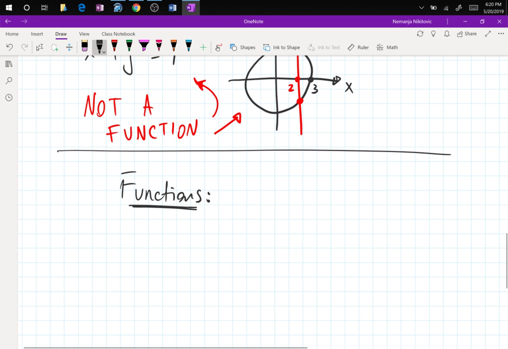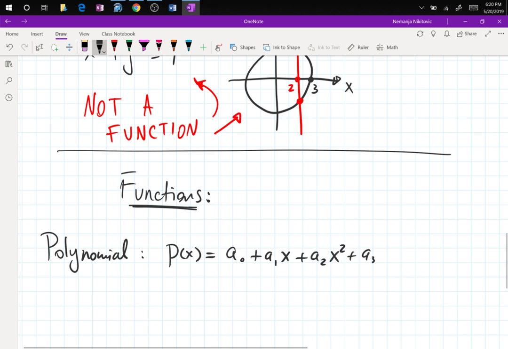Polynomial. Say P of x equals a0 plus a1x plus a2x squared plus a3x cubed plus dot dot dot plus an x to the n.